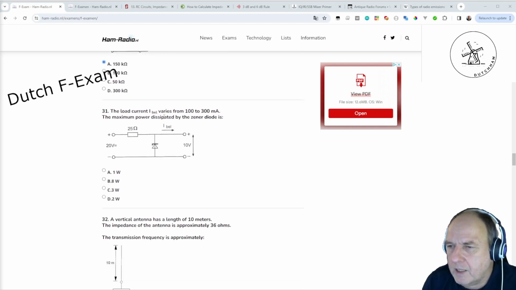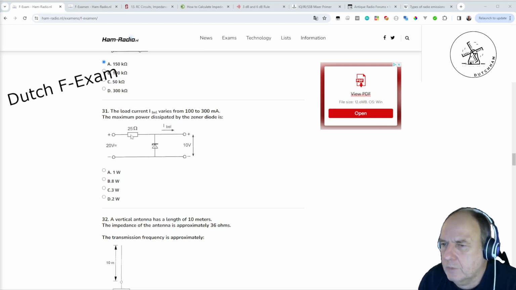The load current I, it is mentioned I bell, and it's the load current, so belasting, varies from 100 to 300 milliamps. The maximum power dissipated by the Zener diode is... the load current.